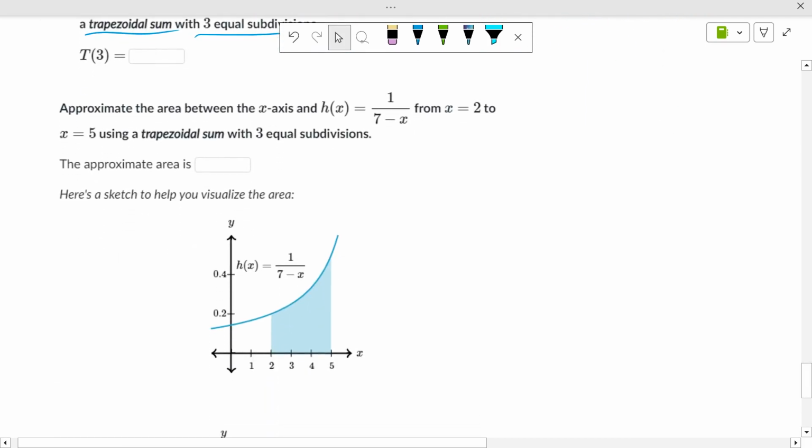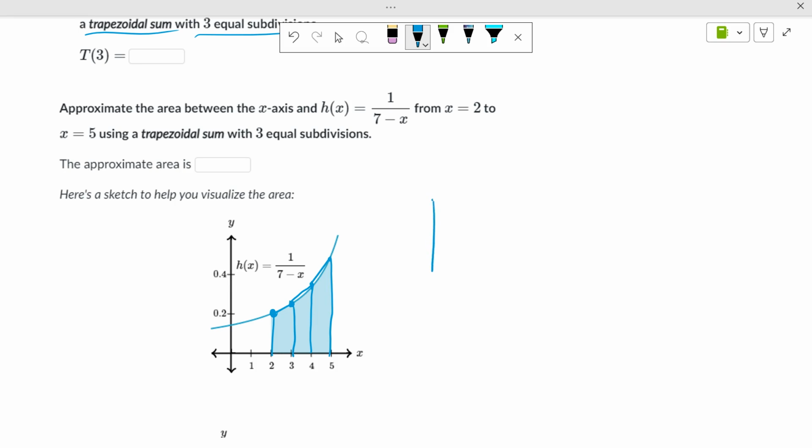So looking at this one, you say, well, Mr. Bierschbach, you already did this. Well, I already did this with a left Riemann sum. Now I'm going to do this with a trapezoidal sum. So there's my first trapezoid. Here's my second trapezoid. Here's my third trapezoid. Obviously, our answer is going to be a lot closer with trapezoidal sums than a left Riemann sum.